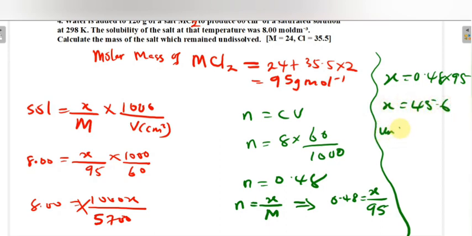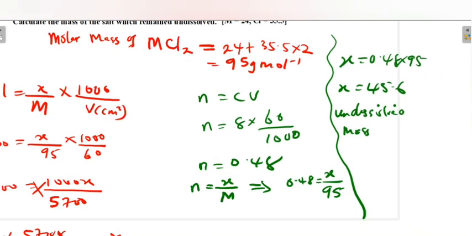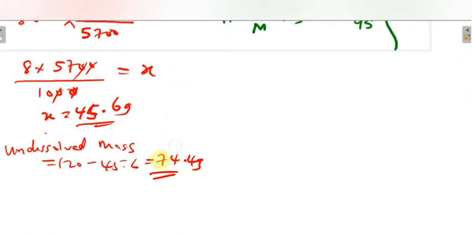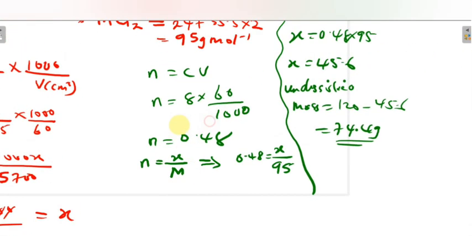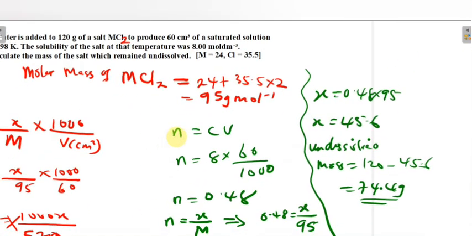So the undissolved mass will then be equal to 120 minus 45.6, which is equal to 74.4, which is the same as what we obtained in the previous method.